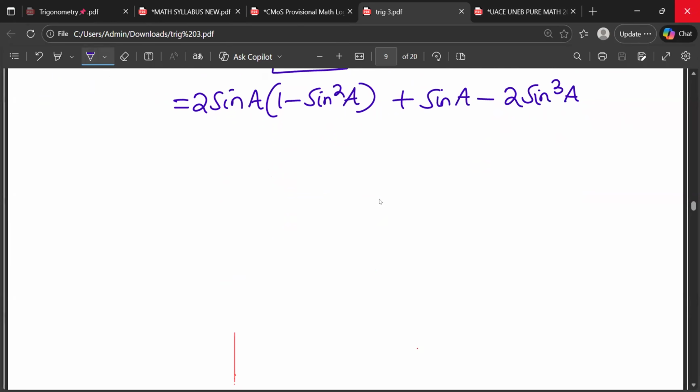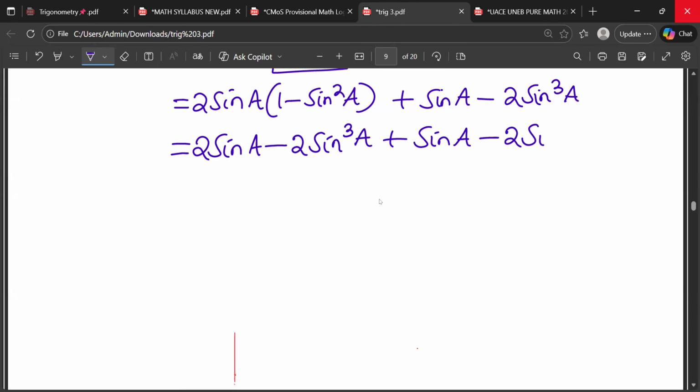So I'll come and just now open the brackets. I will have my 2 sine A, then minus 2 sine cubed A, like that.